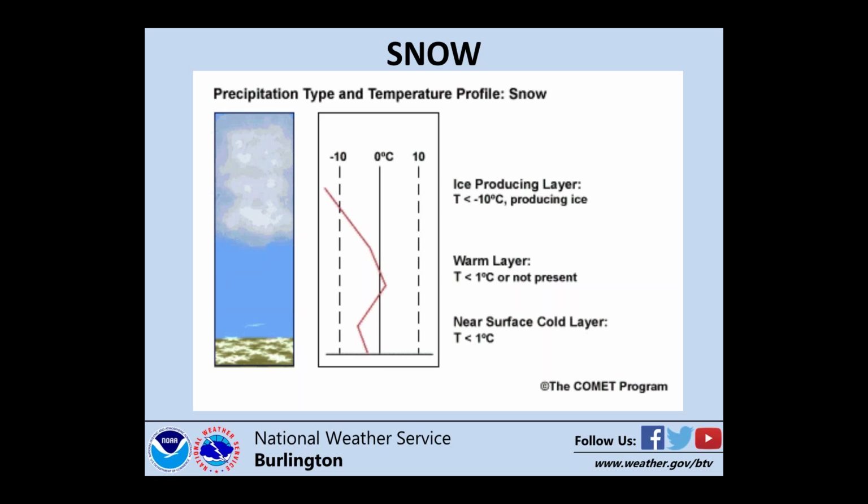Next to that little video, there is a depiction of what we call a sounding, and basically that red line is the temperature. I know it's showing it in Celsius, but 0 degrees Celsius we know is freezing.